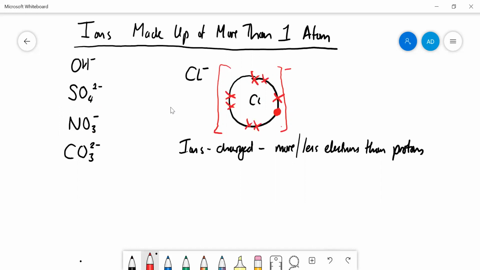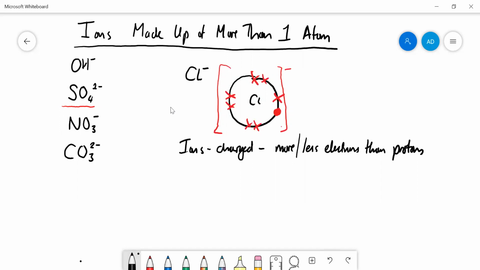What does the SO4 bit mean? Well, it means there's 1 sulfur and 4 oxygens. Well, how are those stuck together? How are the sulfur and the oxygen stuck together? Or the nitrogen and the oxygens in this case? Well, they're stuck together by covalent bonds. Okay, so let's just write that.